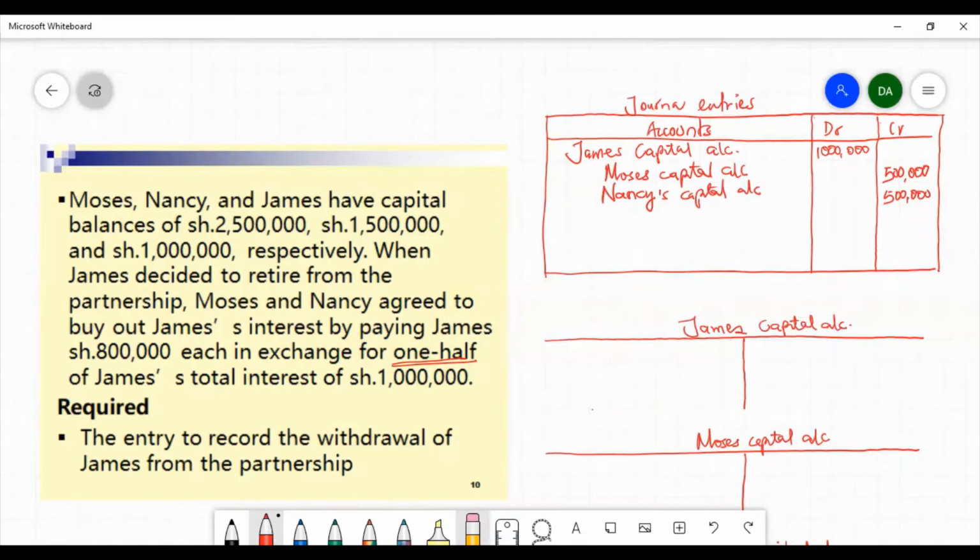Now you realize that we have recorded 500,000 and not 800,000, because 800,000 is considered to be a transaction between the partners themselves and not involving the partnership. That is why the difference of 600,000, or 300,000 each per partner, is not brought in the books.